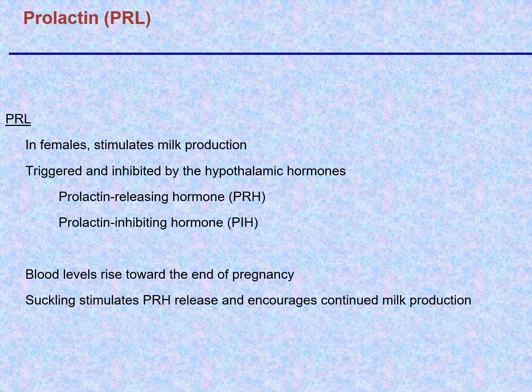So right at the start, when the baby's born and first starts to nurse and suckle on the nipple, it will trigger more PRH release from the hypothalamus, which then triggers prolactin release and therefore encourages continued milk production. As long as the baby continues to nurse, there will be continual milk production by the mother. And that's the end of Unit 4A, Part 2.